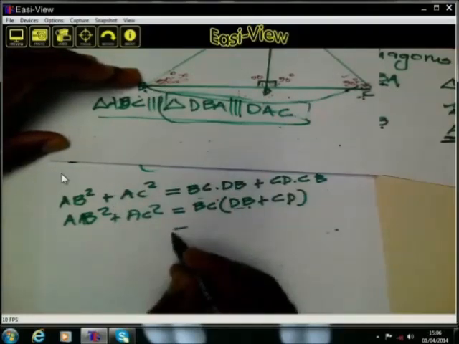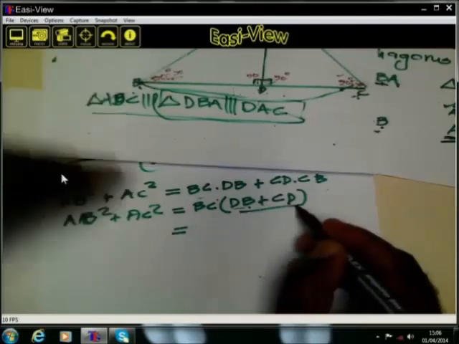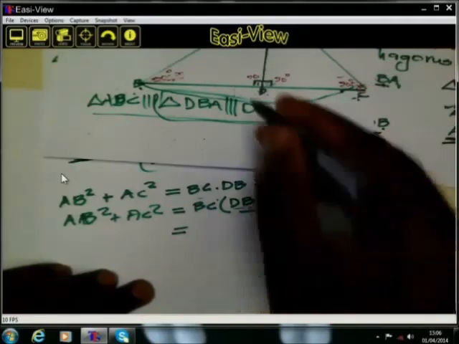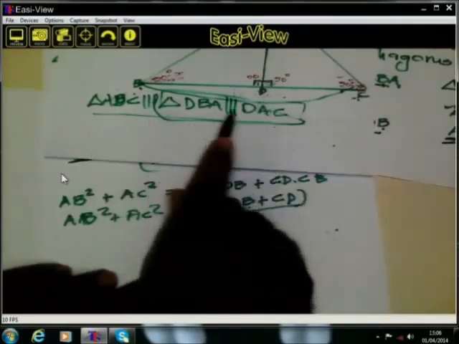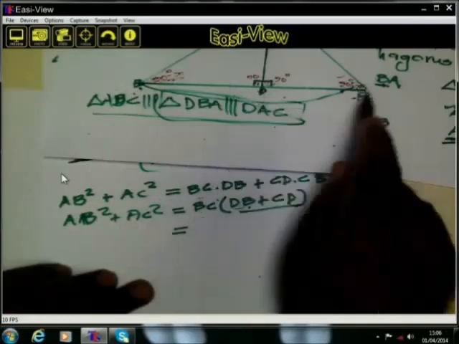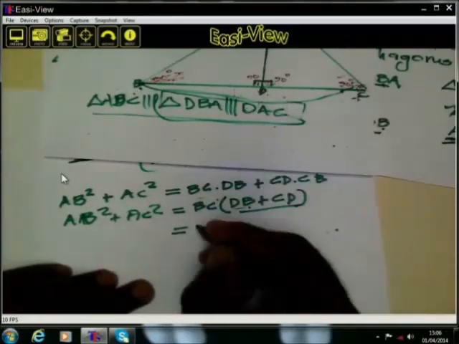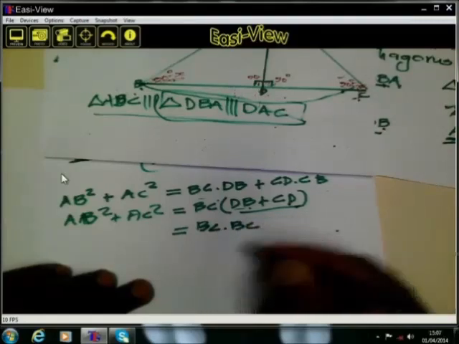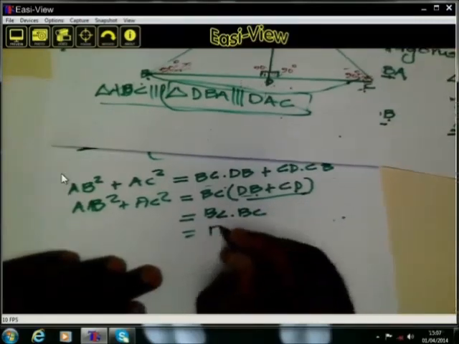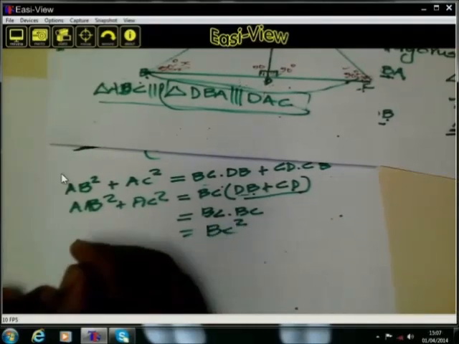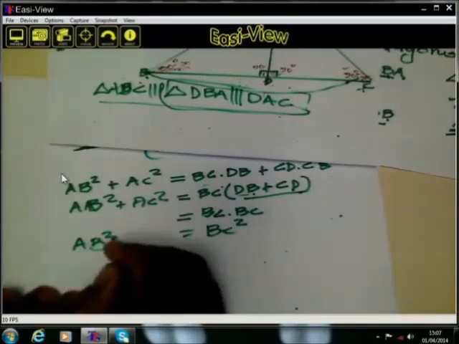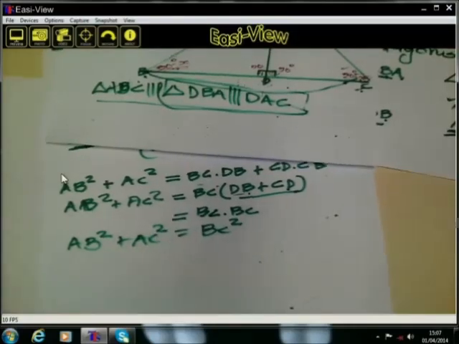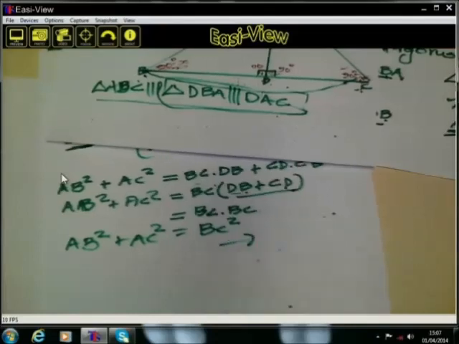These are the smaller sides which make up side BC. So you are having BC multiplied by BC, which is BC squared, which is actually the theorem of Pythagoras. So by so doing, we have proved Pythagoras theorem.